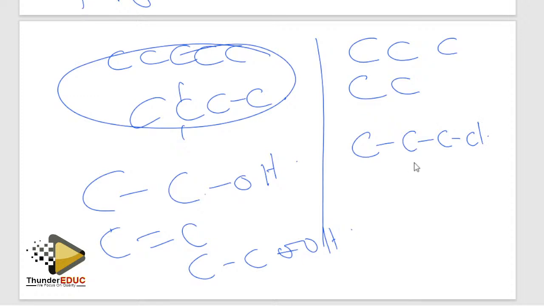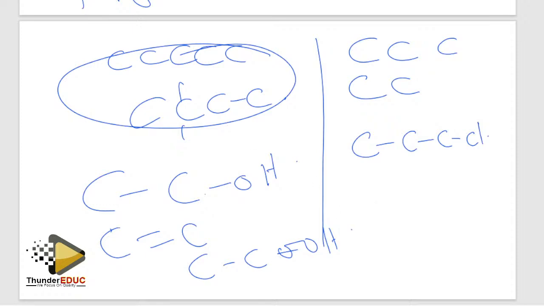Ketones have London forces and dipole forces. Esters have dipole forces and London forces. Carboxylic acid has London forces, hydrogen bonds, and dipole forces. Dipole forces are stronger than London forces, while hydrogen bonds are stronger than London forces and dipole forces. So you need to know that.